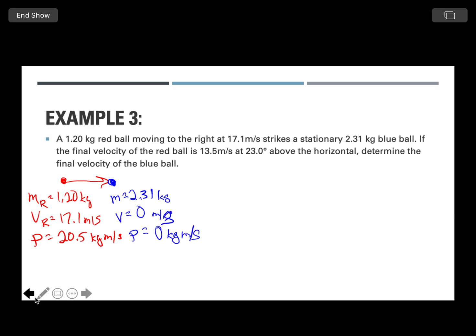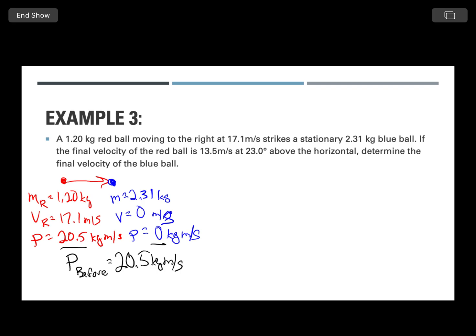Now, what does this mean? Well, what's going to be our total momentum? That's a good question. Our total momentum is going to be 20.5. Now, why is that? Well, this has a momentum of 20.5. This has a momentum of 0.